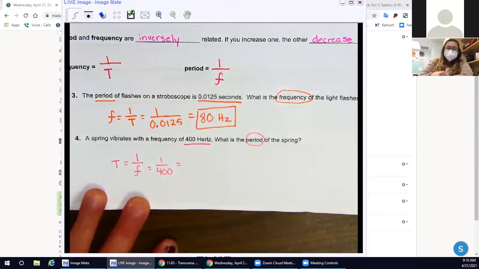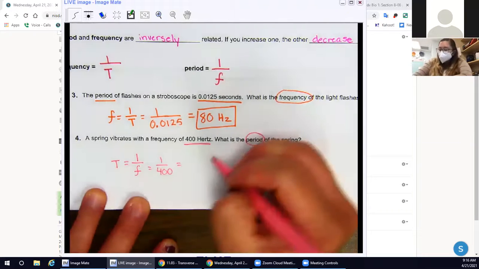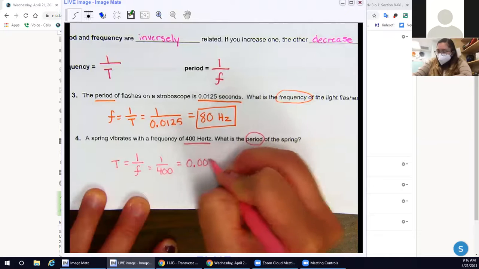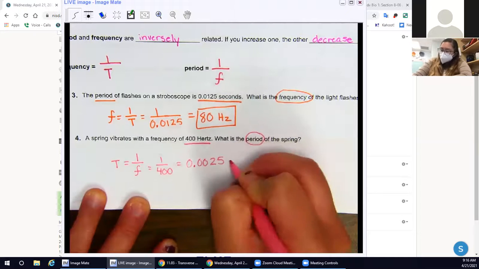If you did it correctly, you should have got 0.0025 seconds.